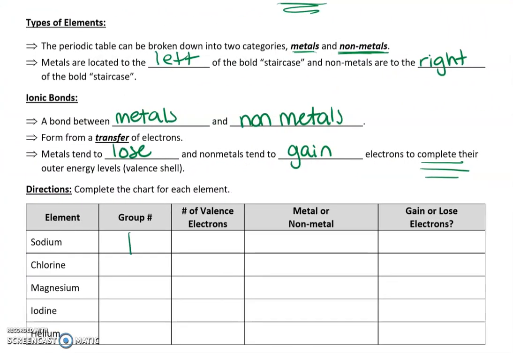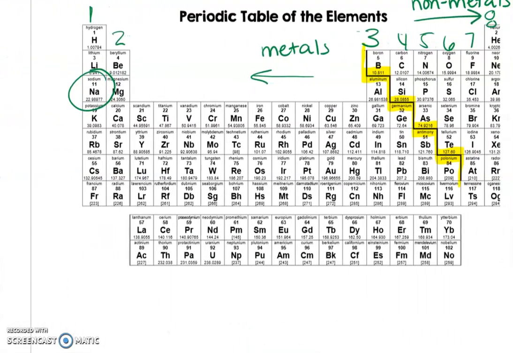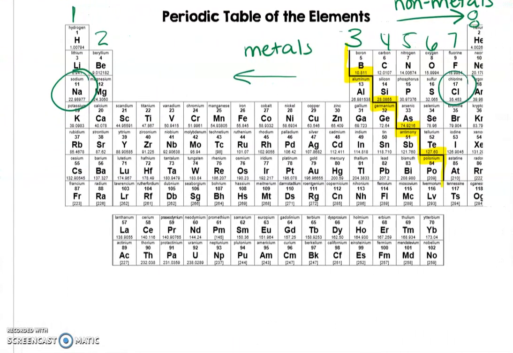Because it is in group 1, it has 1 valence electron. It is to the left of the staircase, which means it's a metal. And if we look at our notes here, metals will lose electrons. So because it's a metal, it's more likely to lose electrons than gain them. Chlorine is our next element. Chlorine is over on the right side of our periodic table in group 7.